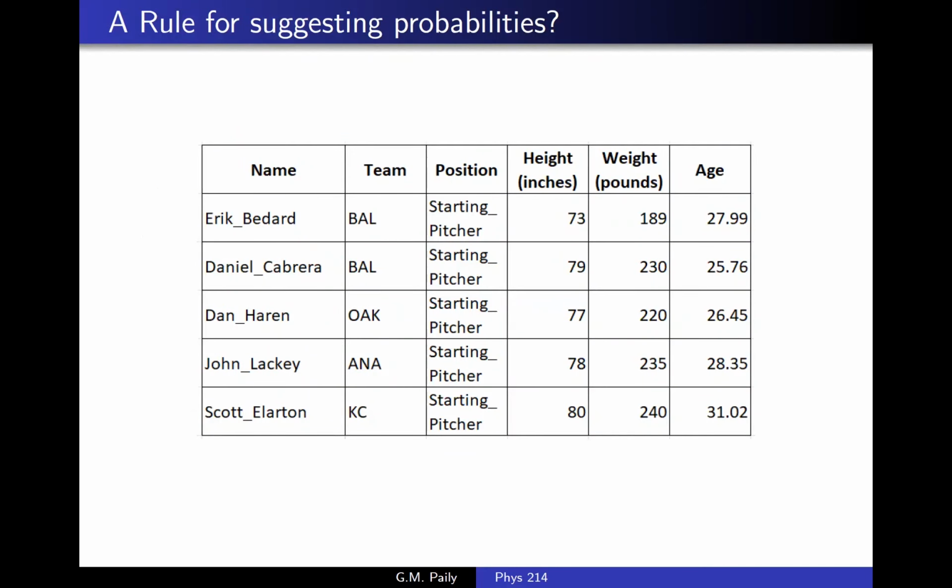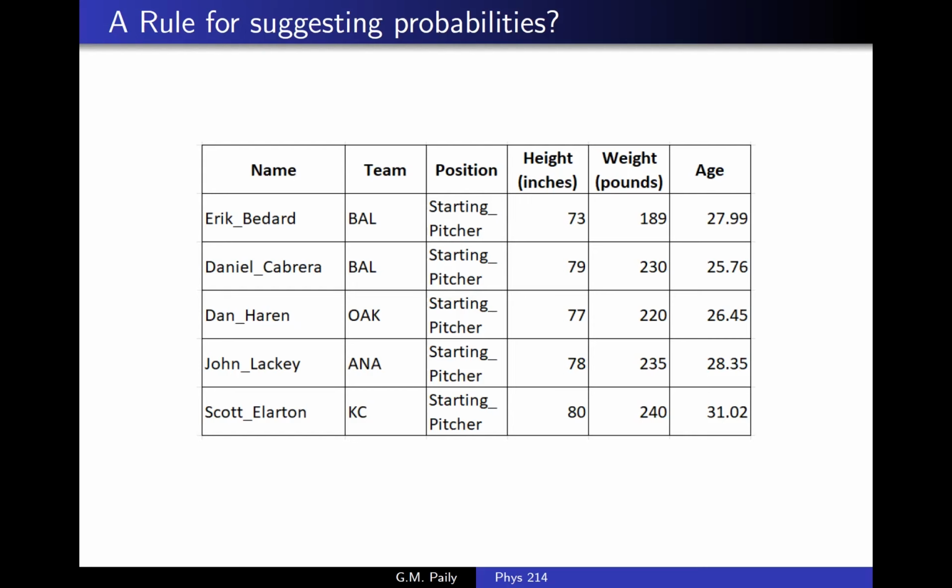Now, sometimes we have a rule for figuring out probability, but we need to adapt it to a certain situation. So just like we had to normalize the probability density in the previous example, in this case, let's say we're looking at our baseball data and we're trying to pick a pitcher.